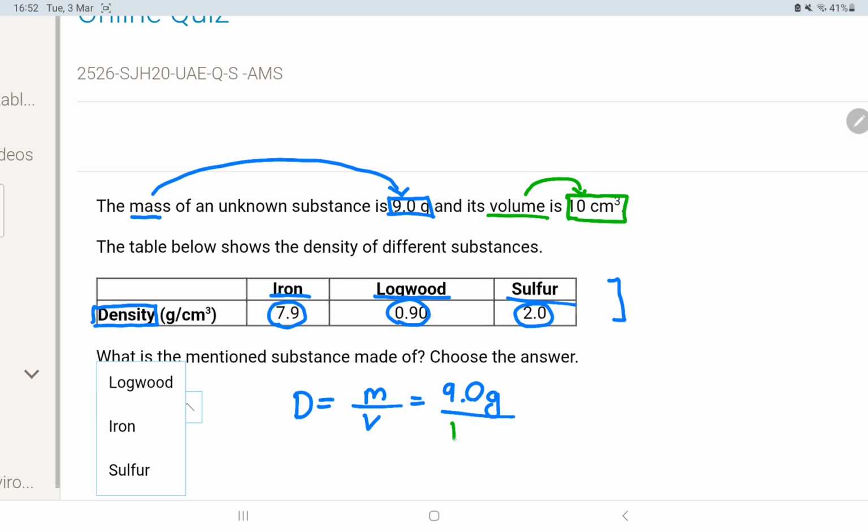How to solve? I'm just going to write 9 over 10.